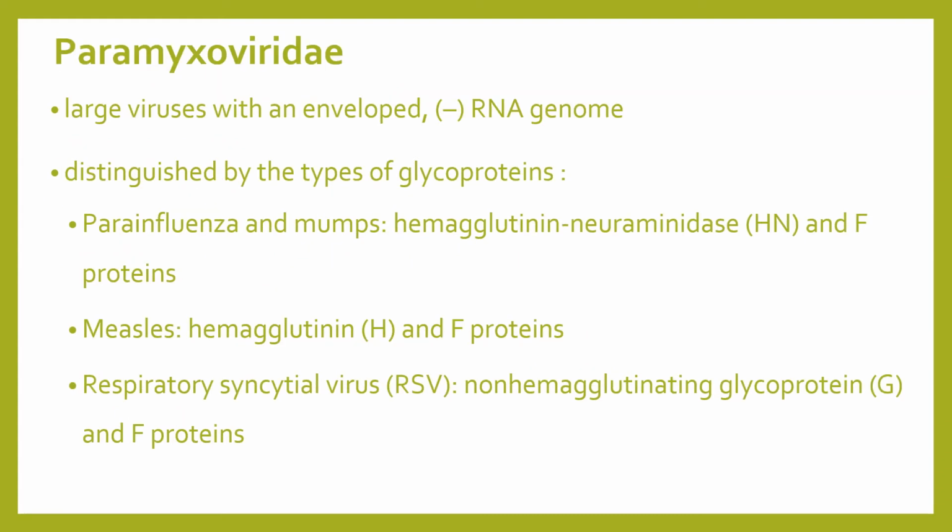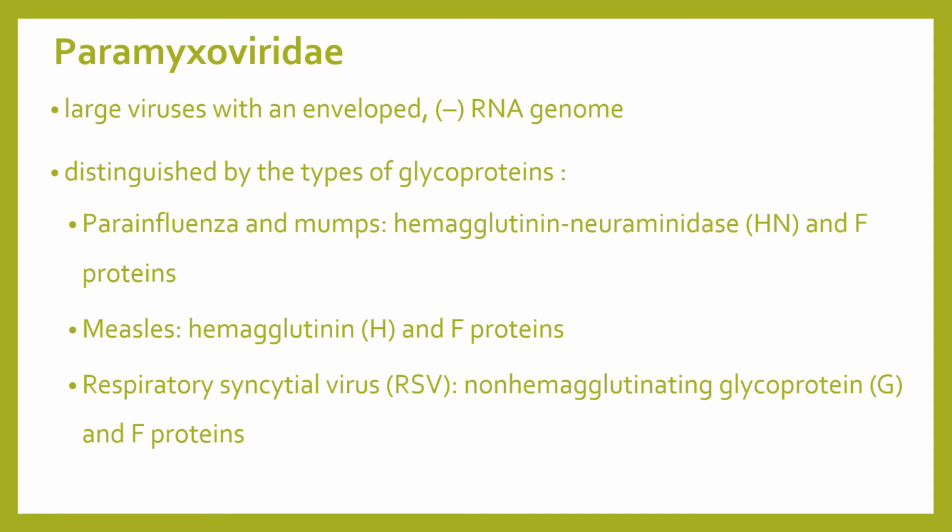Then we'll proceed now to your paramyxoviridae. These are large viruses with an enveloped negative-strand RNA genome. They are usually distinguished by the types of glycoprotein that they contain. Your parainfluenza and mumps contain hemagglutinin-neuraminidase, or HN, proteins, while your measles contains hemagglutinin, or H, proteins.